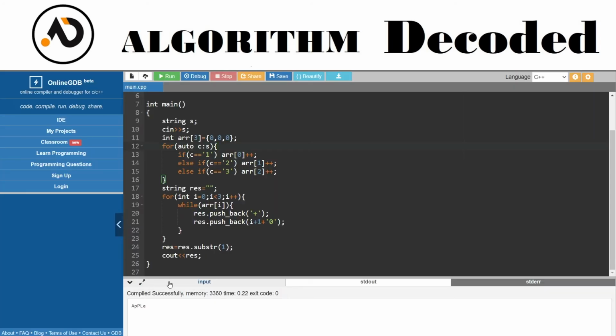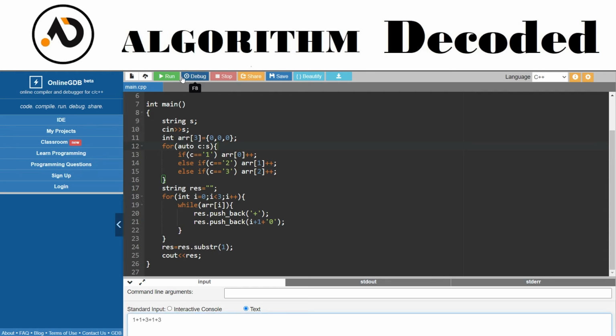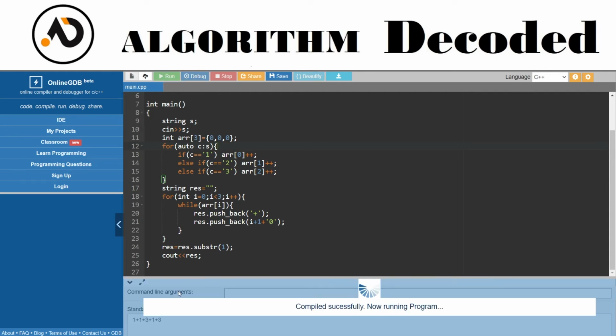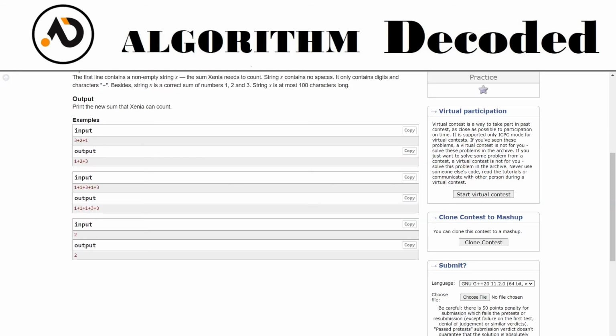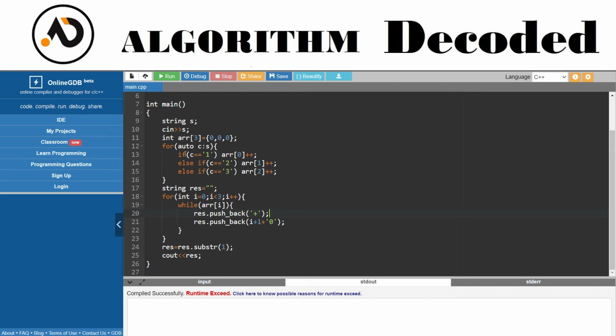So let's copy some code and try running it. Time limit exceeded and why? So string taken the input, this if c equal to this, else if this, else string result for while array i.